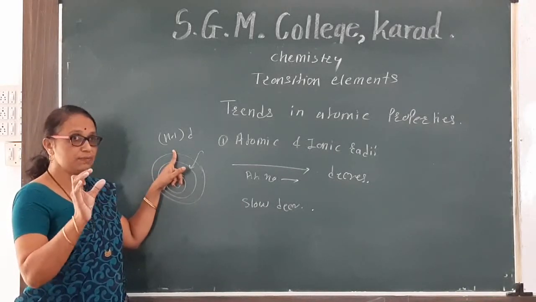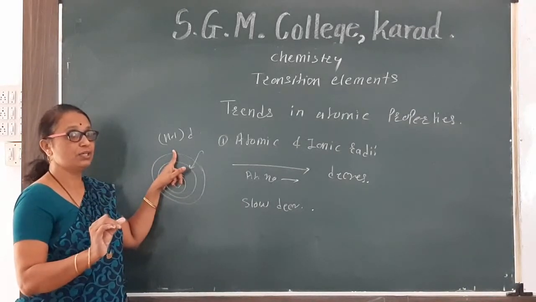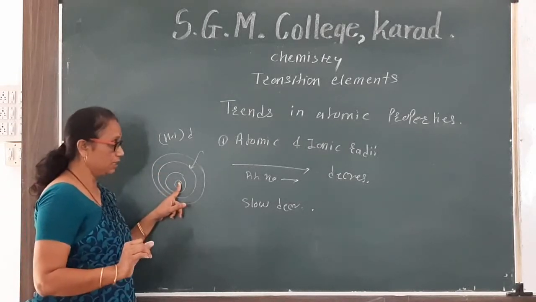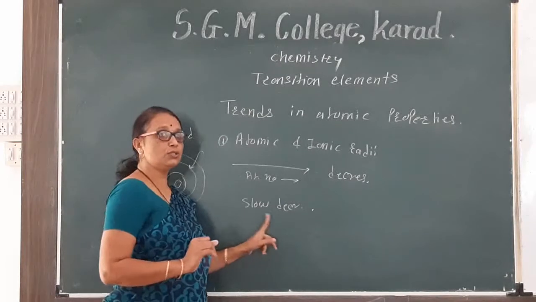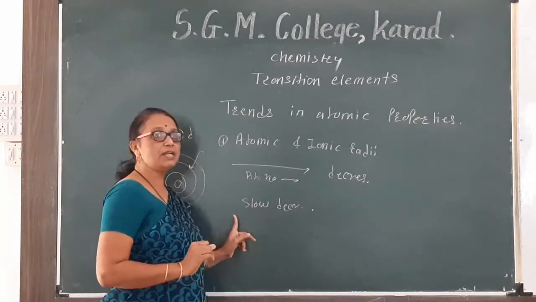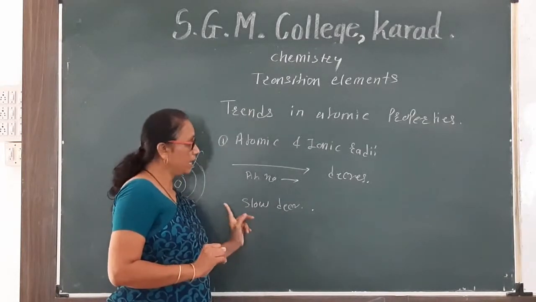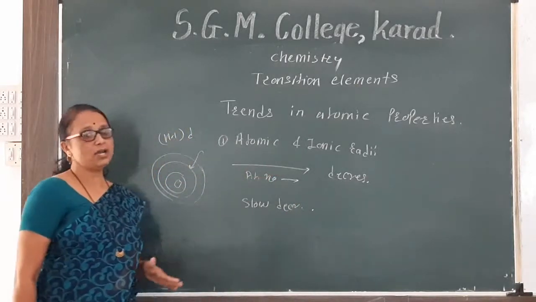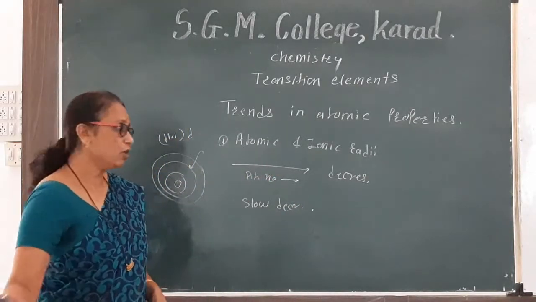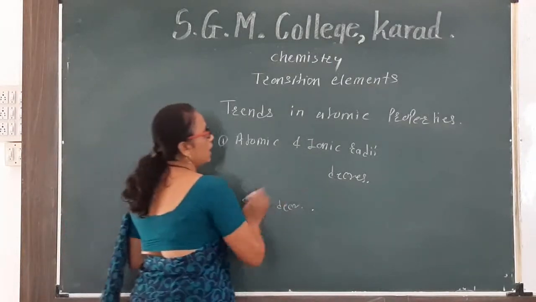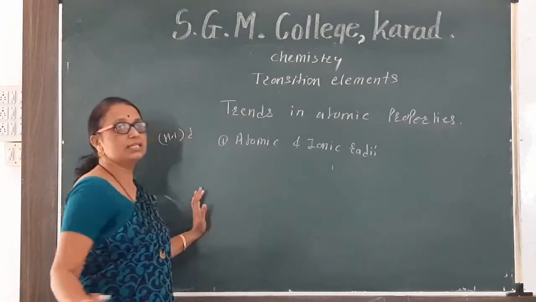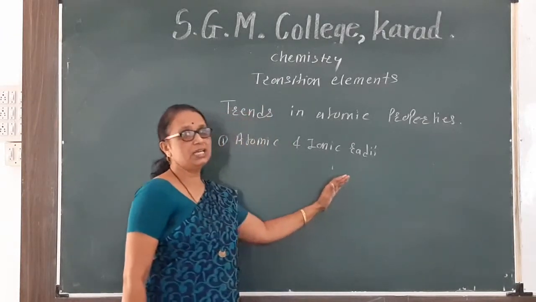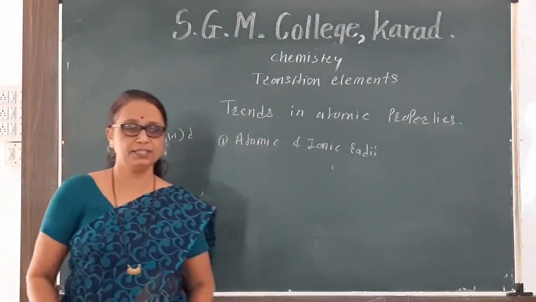Due to this, the atomic radius decreases, but this is a slow or gradual decrease from left to right. A similar trend holds for ionic radii also. Ionic radii also decrease from left to right, but with some irregularities.